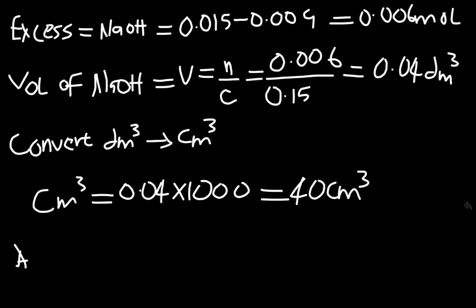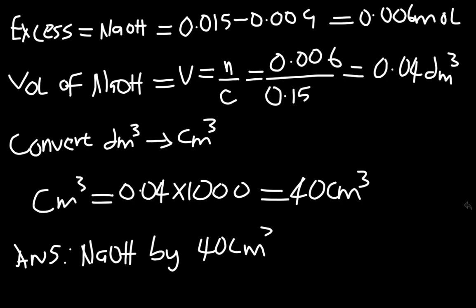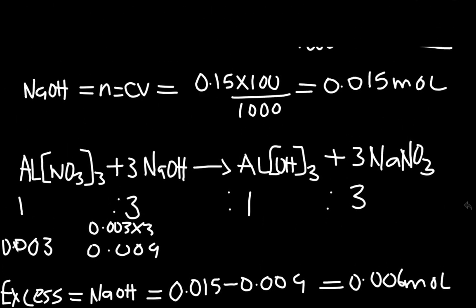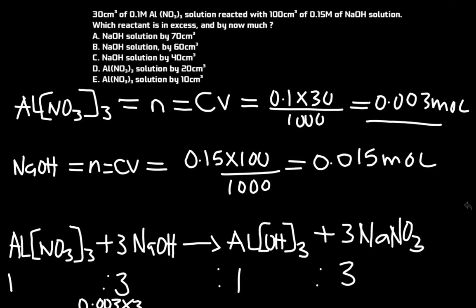So our answer would be sodium hydroxide is in excess by 40 cm³. And this is your final answer. Now let's go back to our options and see if any of the options would tally. So yes, that's it. Option C is the correct answer. Sodium hydroxide solution is in excess by 40 cm³.